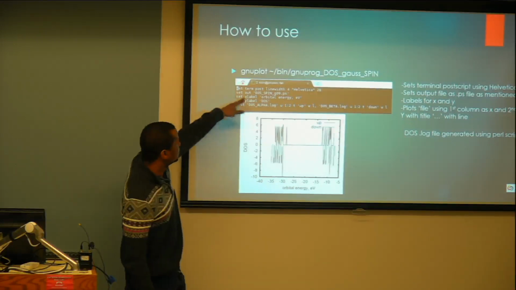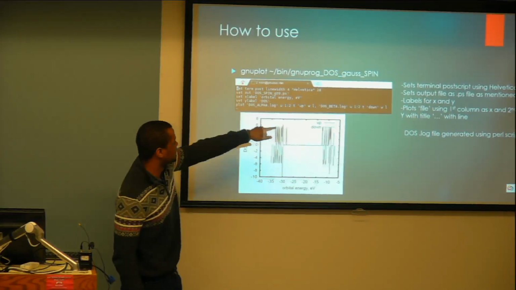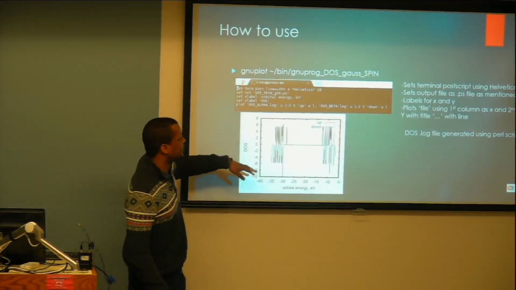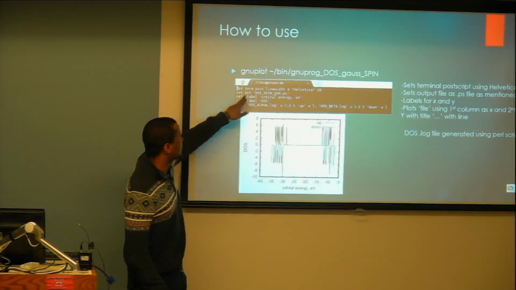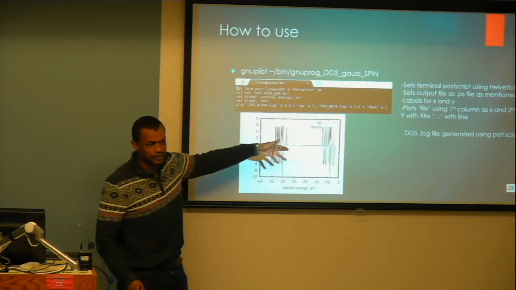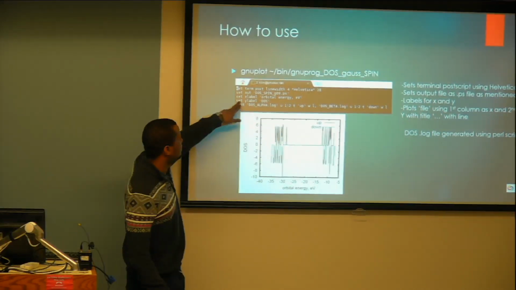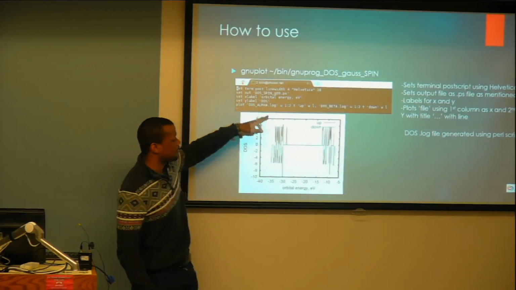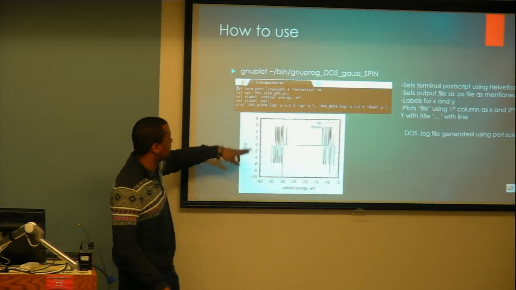The first line sets the terminal postscript using the font of choice with the size of choice, and then the output as an image with a ps.ps file, and sets the x label and y label, and then plots the density of states of all alpha spins.